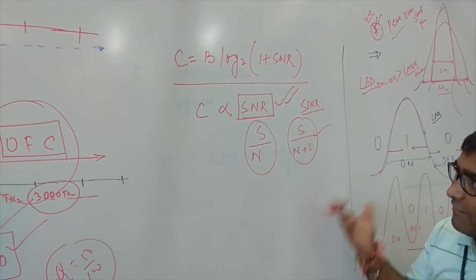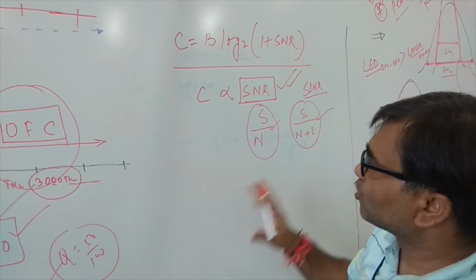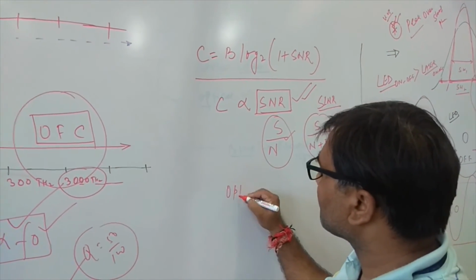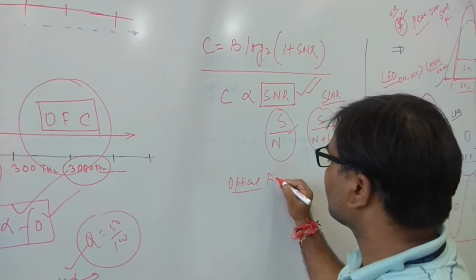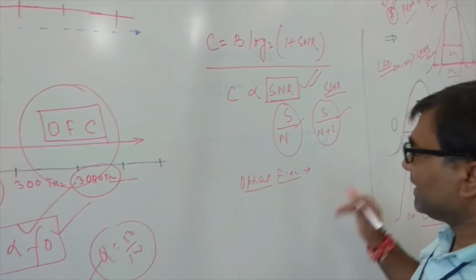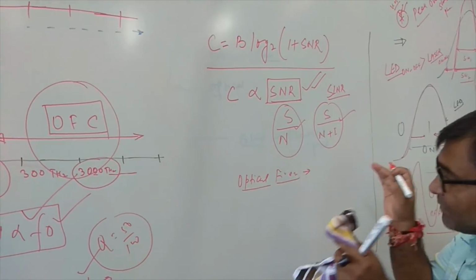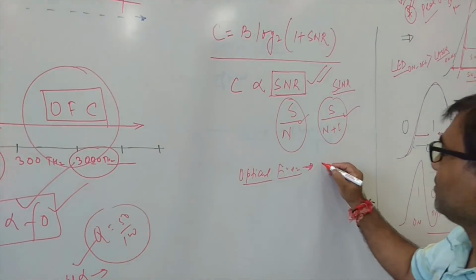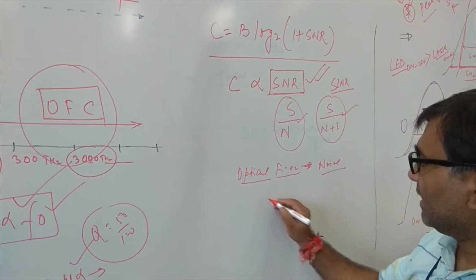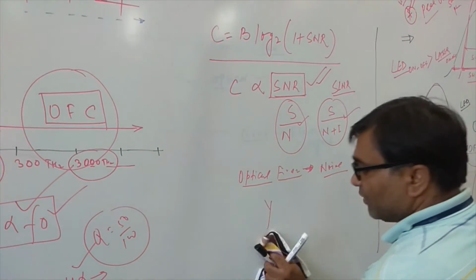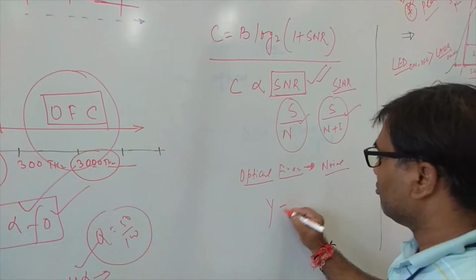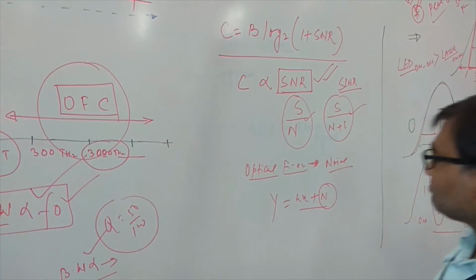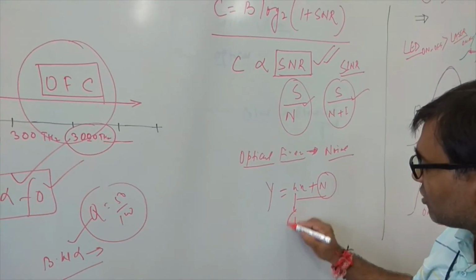Why does optical fiber have a better SNR as compared to coaxial cable and other communication systems? Because optical fiber is affected very, very little by noise. Why? Since we know, in the last class, in the IoT class, I already told y is equal to hx plus noise, right? Here h is the channel coefficient, right?